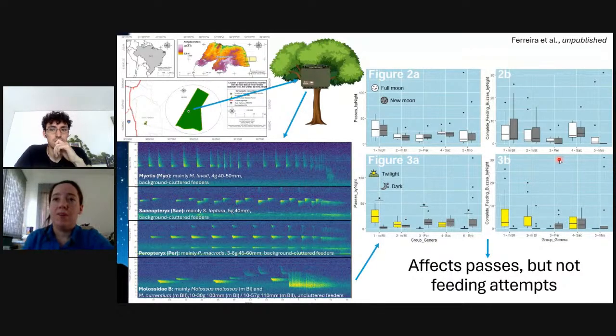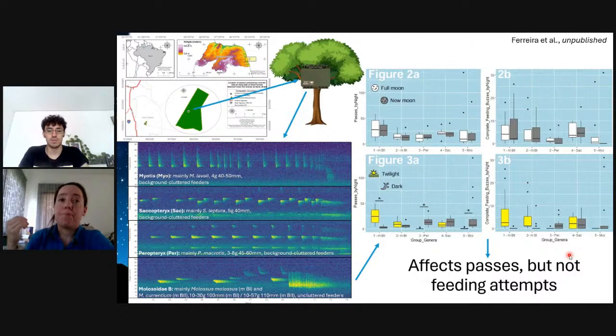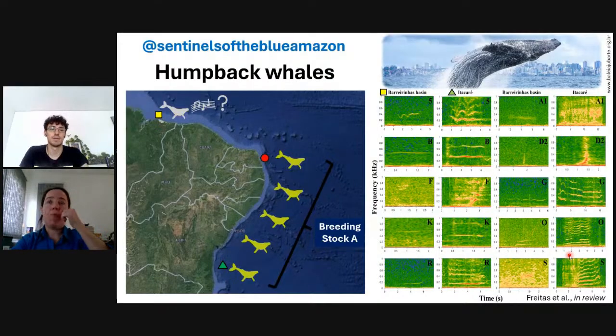So you analyze, do the statistics, and you get your answer. That is, well, light does affect passes, but not feeding attempts. And this is just one quick example of the kind of research that we do in our lab. And I'll bring another example, from tiny bats to very large whales.